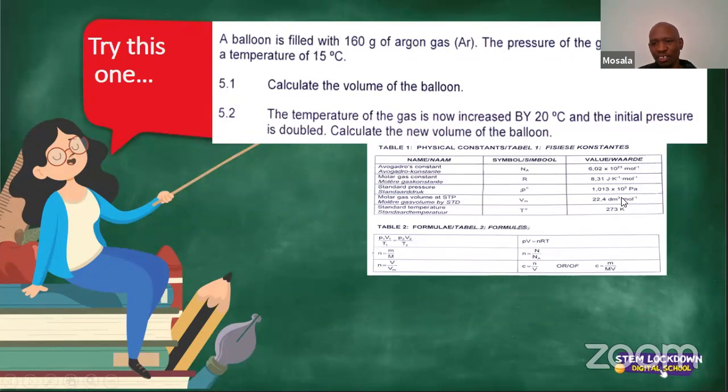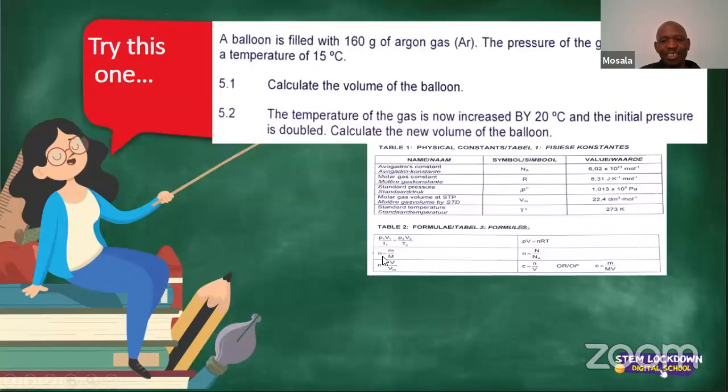So it is a known constant, and the temperature given here is 15 degrees Celsius, so we have to convert that to the Kelvin scale, which we can do. But we do not have the n, so we have two unknowns here. What will be best is for us to look for n.